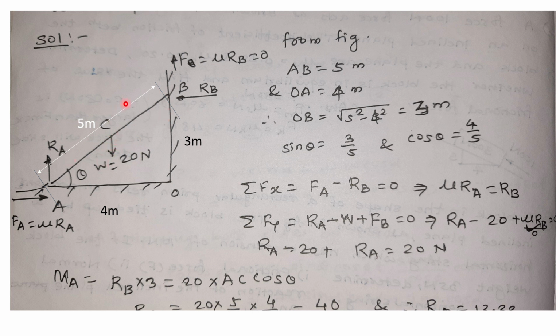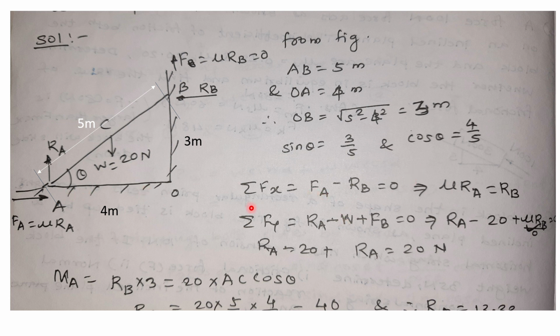Since the ladder is symmetrical in shape, it is taken at the middle, 20 Newton, and the distance from end A on the ground to the wall is given as 4 meter. Knowing the length of the ladder and this distance, we can easily calculate the height as 3 meter by applying the Pythagoras theorem. Similarly, we can get sine theta and cos theta.